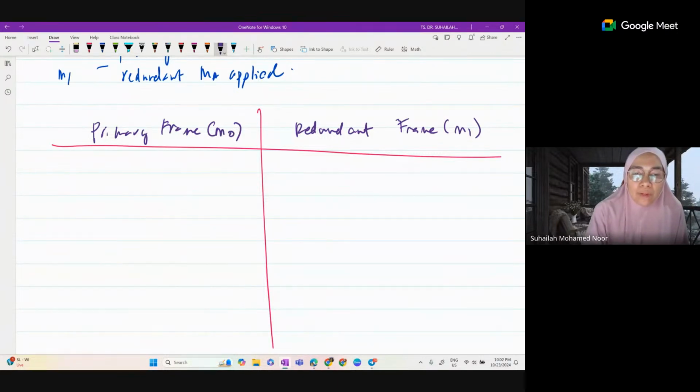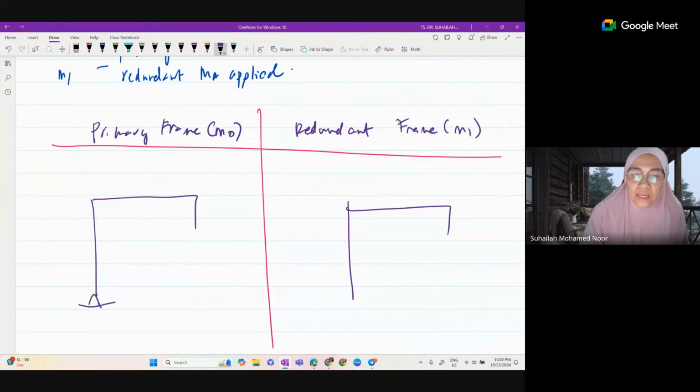So the frame that we have is this and this. Same frame. Now support A, we change from fixed to pin because we have removed the moment. So fixed becomes pin, and it remains a roller at D. So between the primary frame and the redundant frame, actually it is the same type of frame.